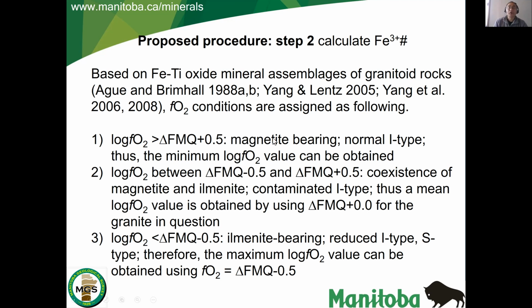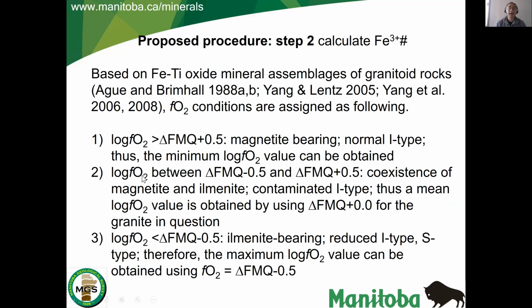is for rocks that are magnetite bearing, a normal I type. So the minimum log oxygen fugacity value can be obtained for the normal I-type granitoids.